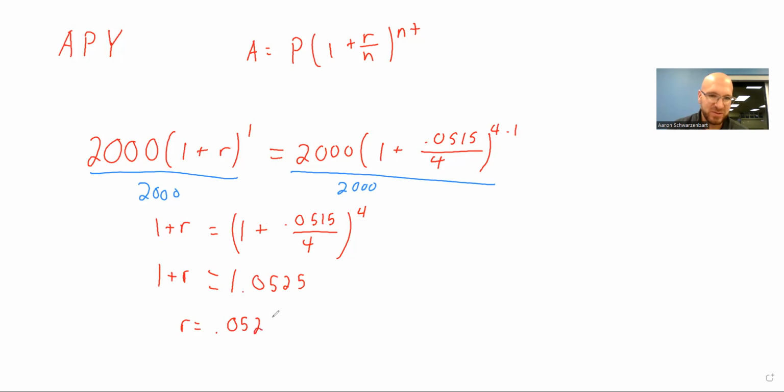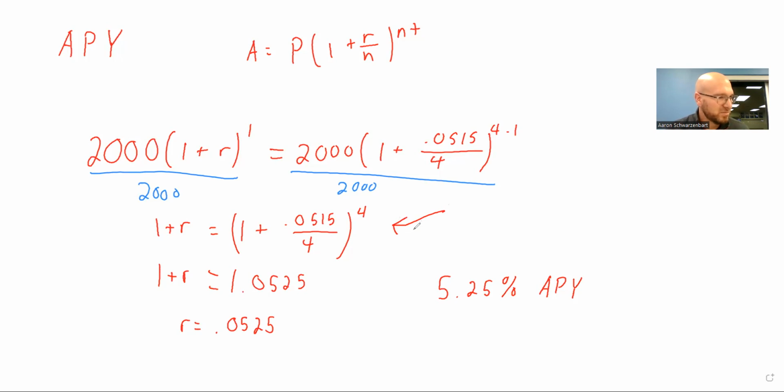I subtract 1 from both sides here, or my APY is 5.25%. Instead of 5.15%, I'm now getting an extra 10% by compounding it quarterly. Usually when I'm setting up this equation, I start right here at that line. I don't put in the amount because it cancels out no matter what it is.